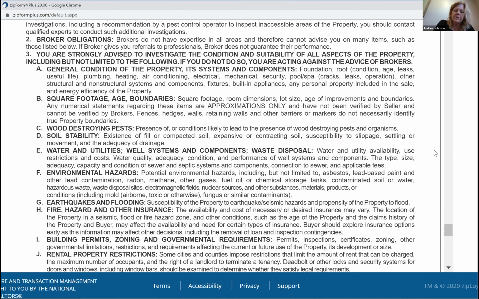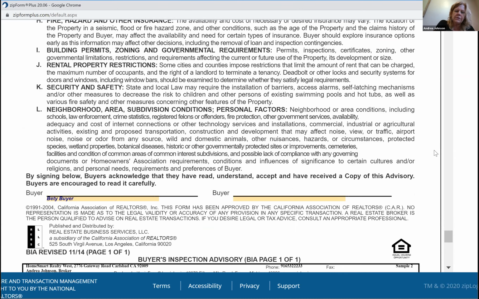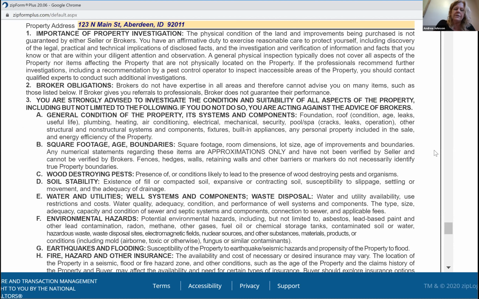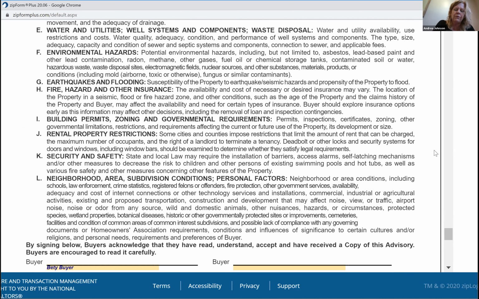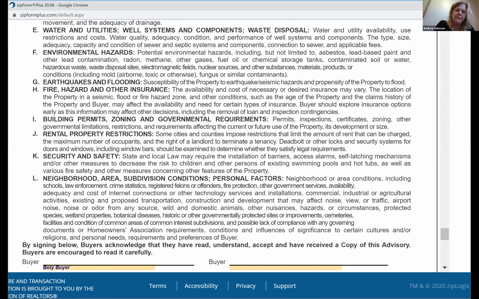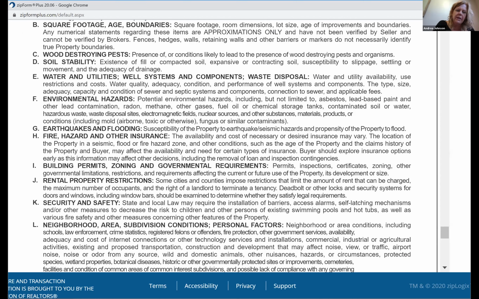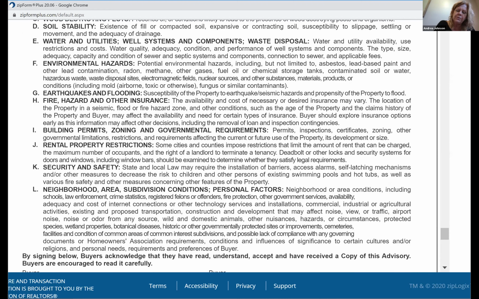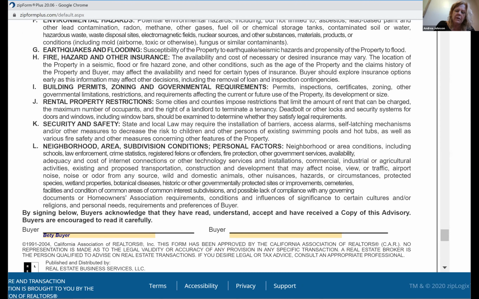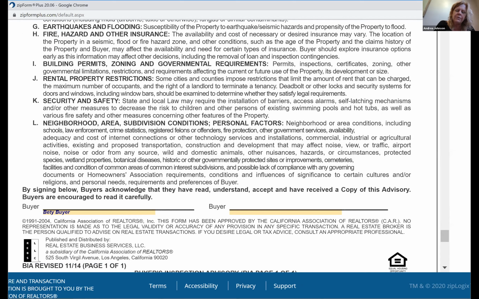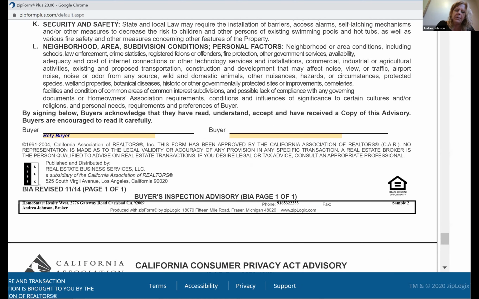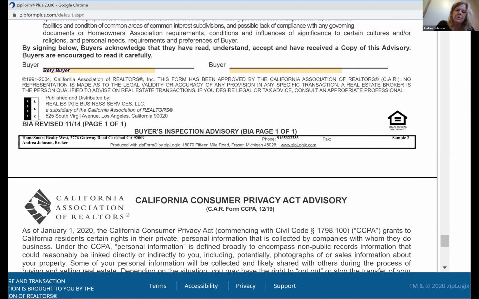And then buyer's inspection advisory. This is just a little synopsis of some of the kinds of inspections a buyer of real property in the state of California may wish to obtain as part of their purchase decision process. We also have the form SBSA, statewide buyer and seller advisory, which is 14 pages of different kinds of inspections a buyer may wish to obtain. And usually buyers receive that as part of the seller disclosure package most of the time.